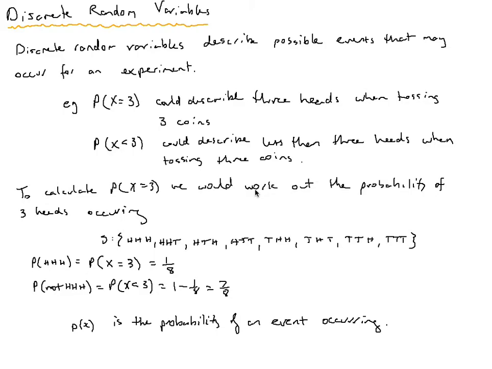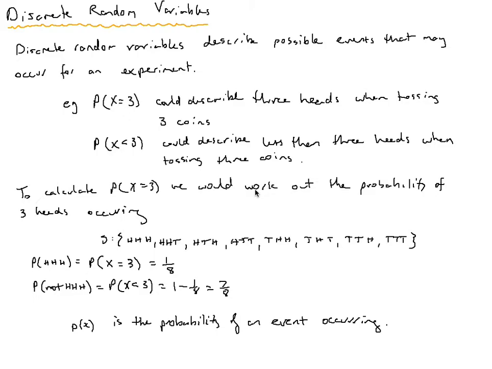If I had P(X < 3), I would have that representing the case where only 2 heads are tossed, or 1 head is tossed, or no heads are tossed. But specifically not the case where we have 3 heads, because X is less than 3.